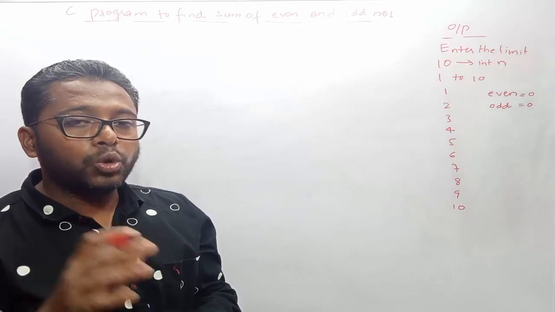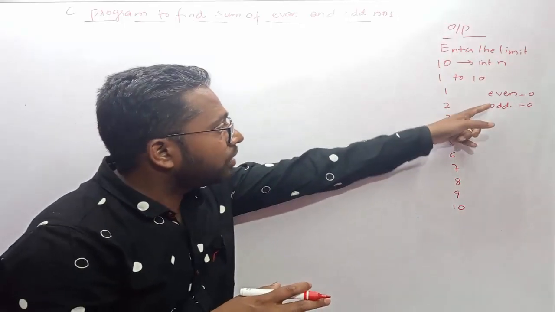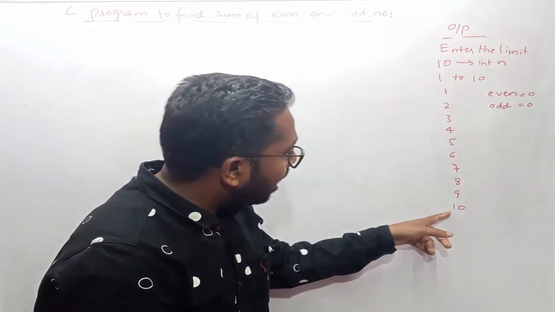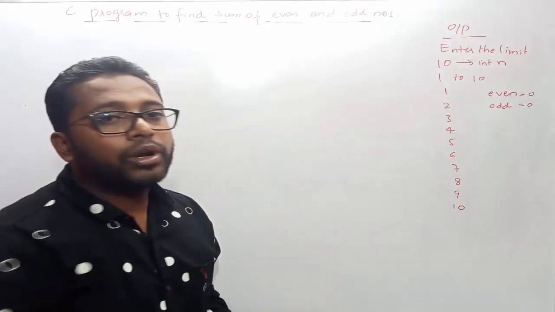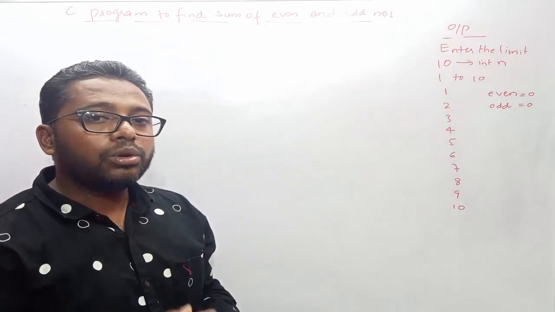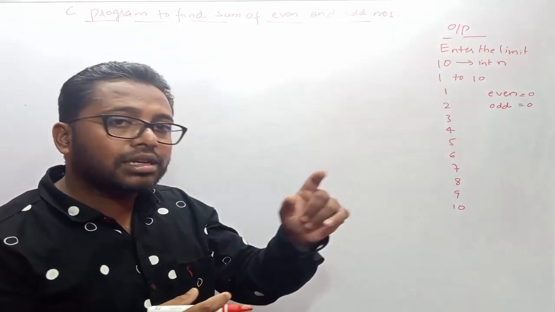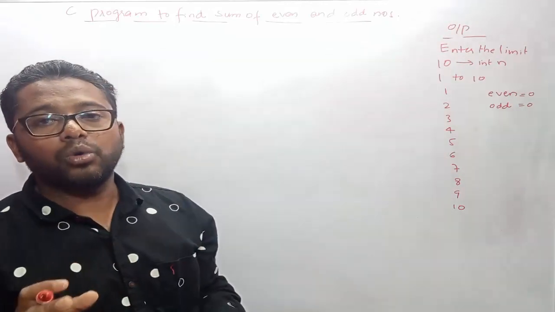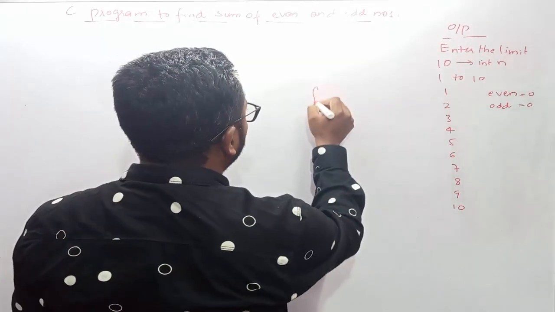But the best loop for adding the even and odd numbers is the for loop, because in this case I know how many times the for loop is going to iterate. When you know in advance how many times the task needs to be performed, you must use the for loop. So I will be using the for loop.